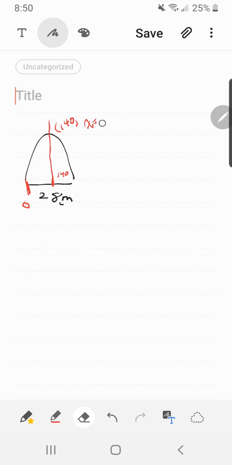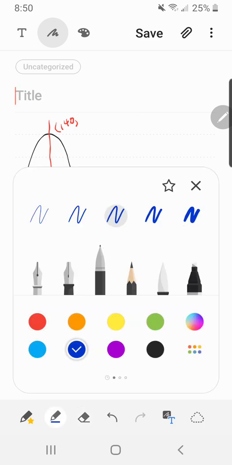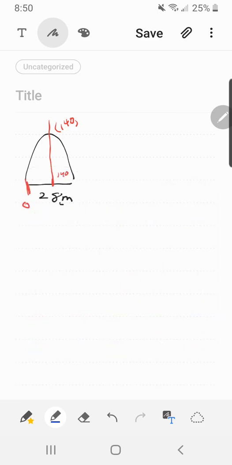Now that I know that I have 140, it also says that the height of this whole thing is going to be, what was it? The height of this thing was supposed to be 216 centimeters. So that 216 centimeters is what we can use for the y value of our vertex.